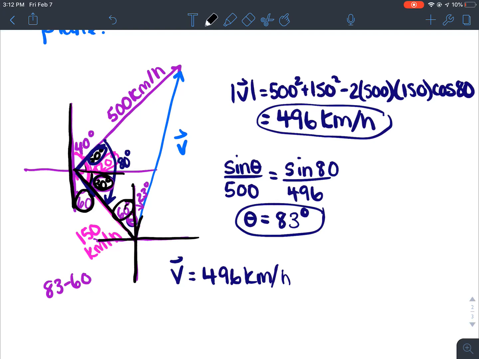And then since I know this entire angle is 83, I did 83 minus 60 to get 23. And that helps me because now I can say that it's north 23 degrees east, right? Because that's pointing north. And then just this part is 23. But yeah, that's tricky. Okay, so final answer is that.